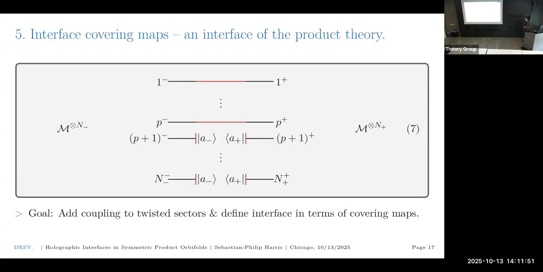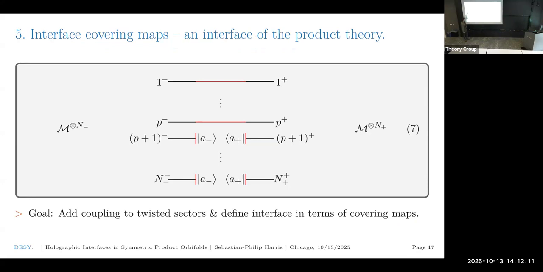And before we do that, however, I want to show you a kind of trivial construction of an interface that is qualitatively related, which is just a simple interface between two product theories where you don't gauge the S_n.